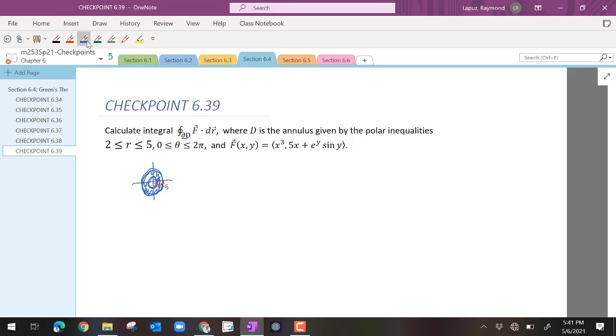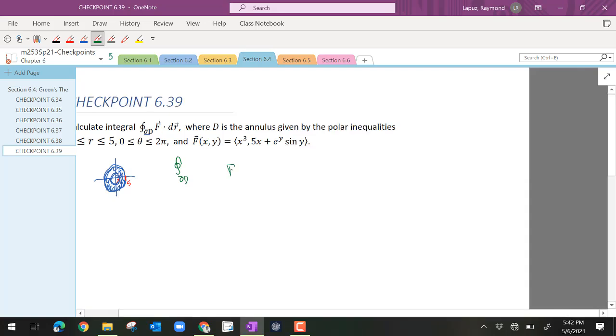All right, we will invoke Green's theorem, which says that the line integral over the closed curve C, or in this case the boundary of D, of F dotted with dr will actually equal the double integral over D itself of the partial of Q with respect to x minus the partial of P with respect to y dA.